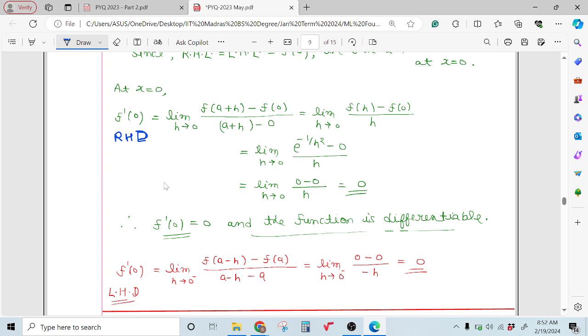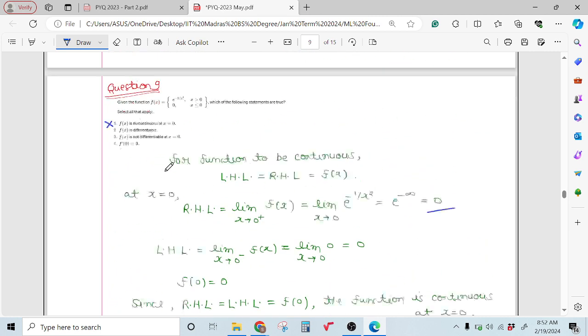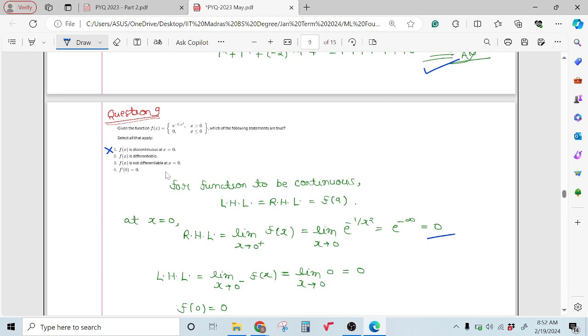The function is differentiable, and the value of the derivative of the function at x equal to 0 is 0. Because the function is differentiable, this is also correct, and the value of the derivative at x equal to 0 is 0. So the second and fourth are correct, and the option saying not differentiable is incorrect.